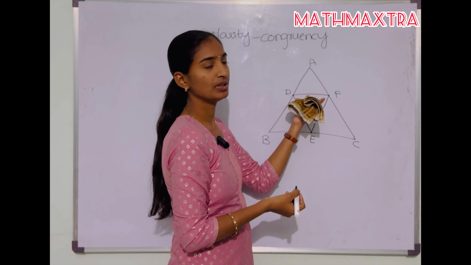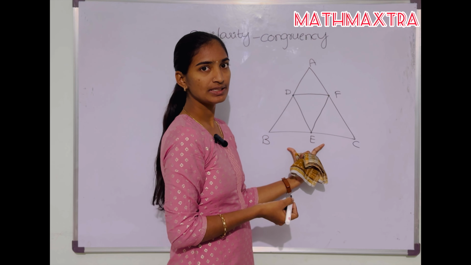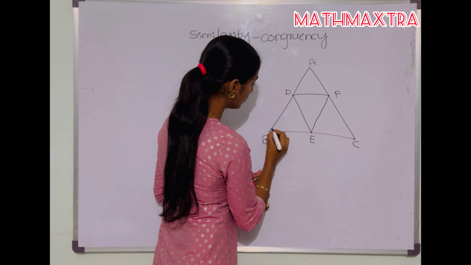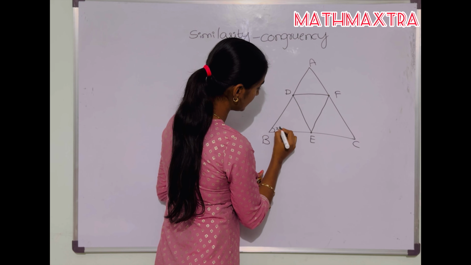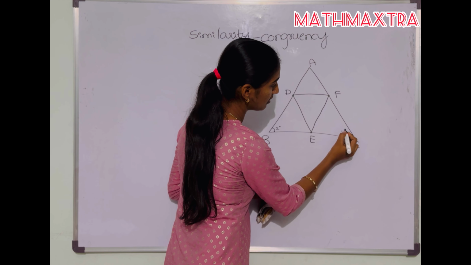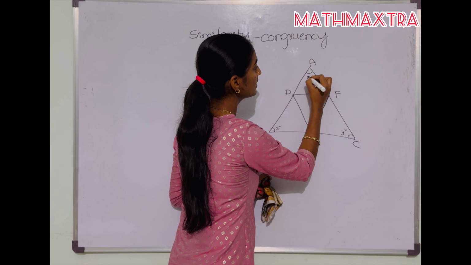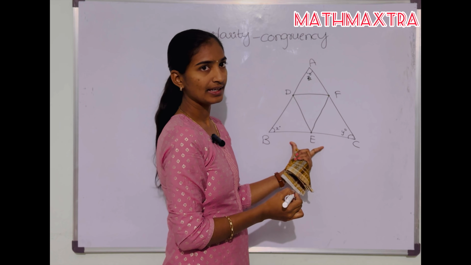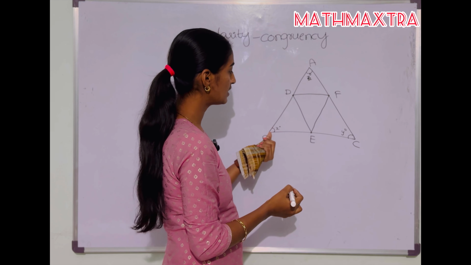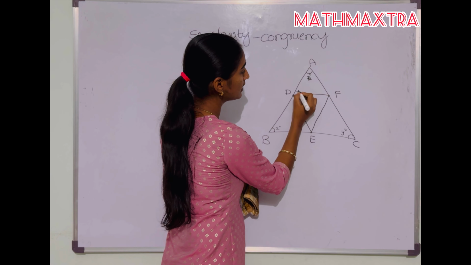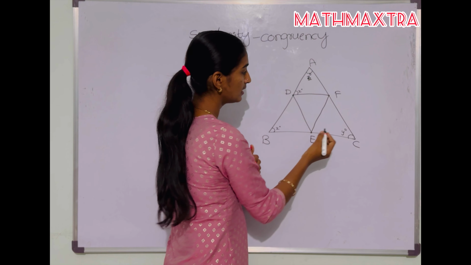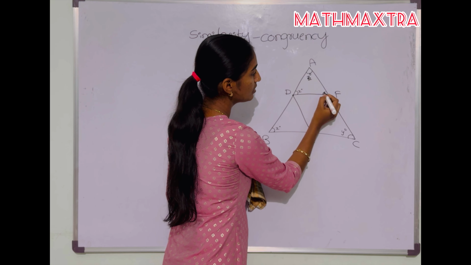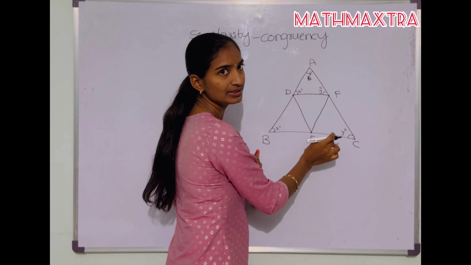As these are midpoints, DF is parallel to BC. We consider these angles as x degrees, y degrees, and z degrees. As these are parallel lines and this is a transversal, these two angles are equal, corresponding angles, which is y degrees.